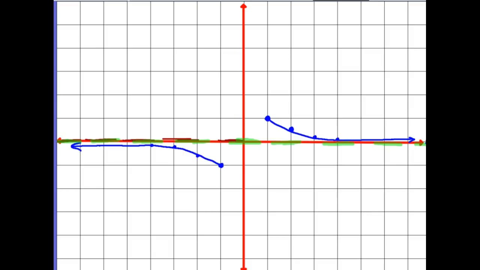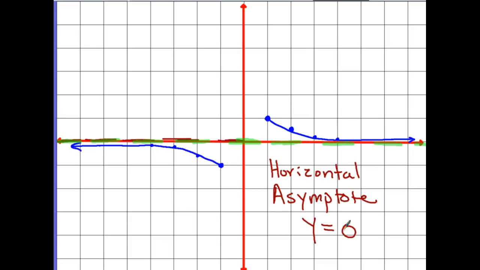This is a horizontal asymptote, and the equation for that asymptote is y equals 0.